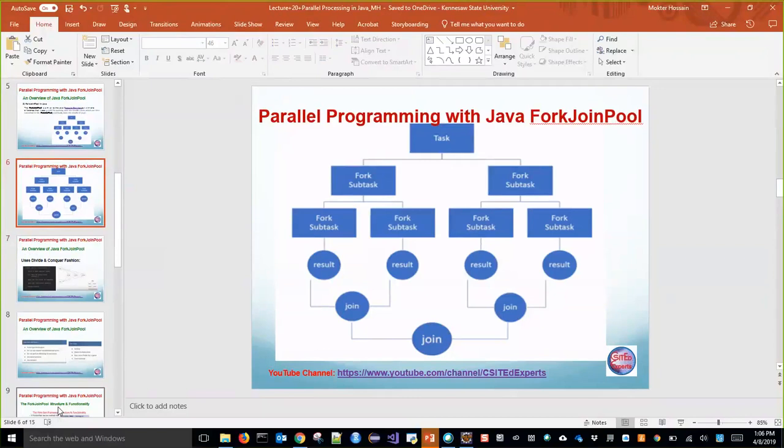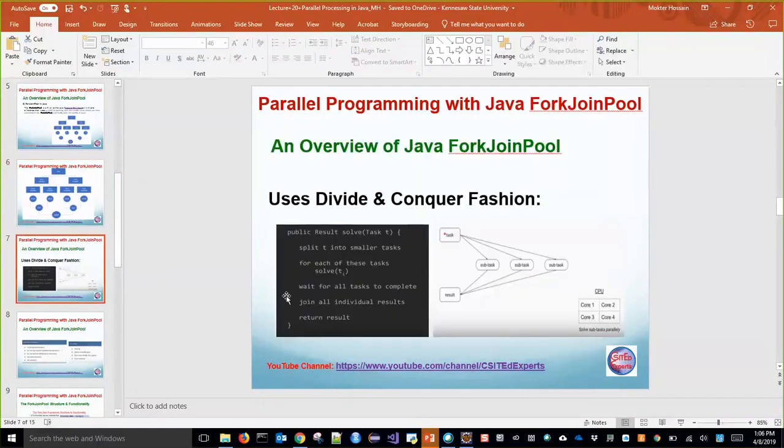When we go to the base, then we quickly come back. Since this process works like this, it is called divide and conquer. That means divide and join fashion.